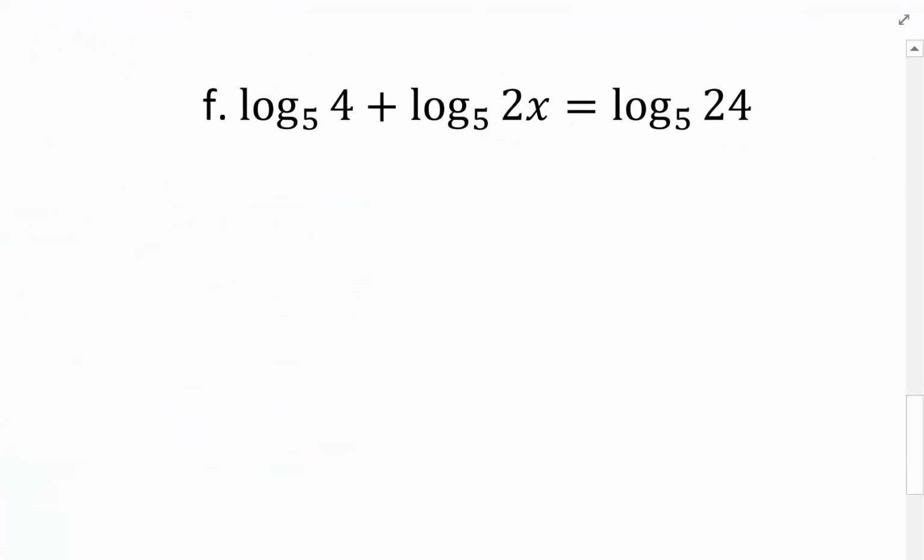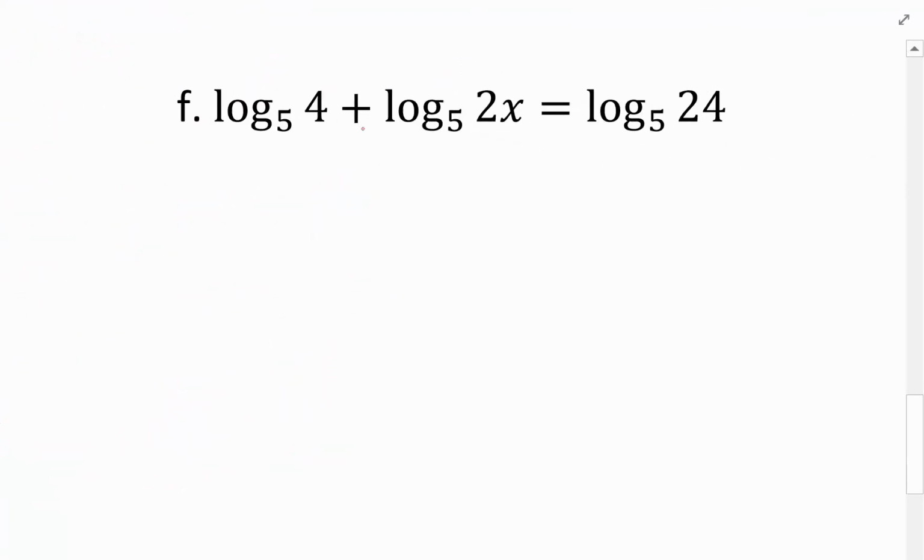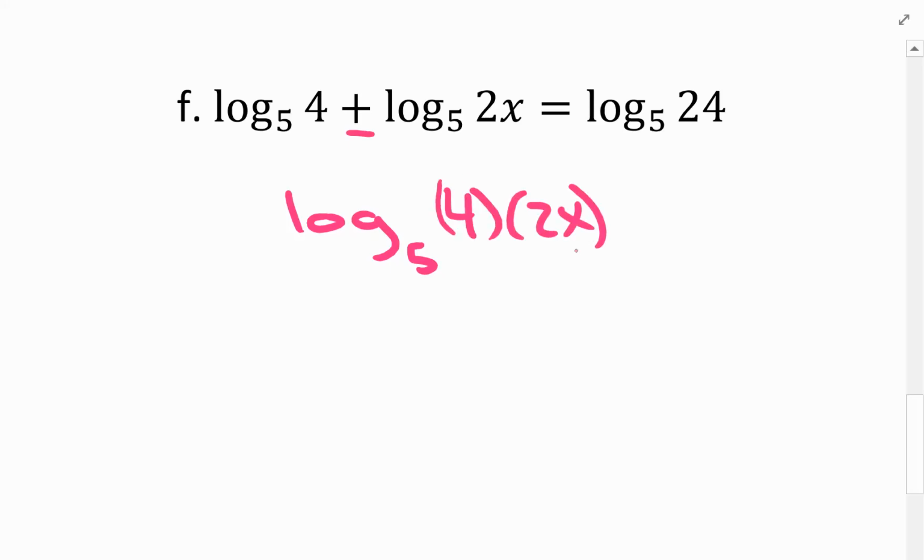Next problem. Combine logs if necessary. We have log plus log. So it turns into log of the first thing times the second thing. But go ahead and just write 8x right there. So I will simplify that. I will cancel the logs.